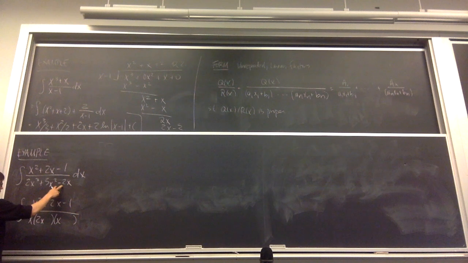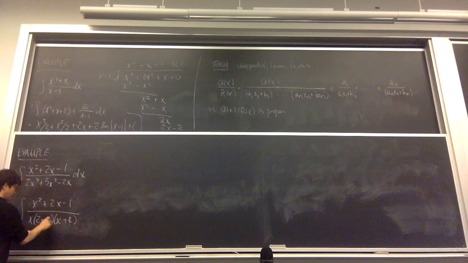So I need a minus 2 and a 3. So was it minus 1 plus 2? Opposite? So this should be minus 1, and this should be plus 2. I knew it was one or the other. Okay.